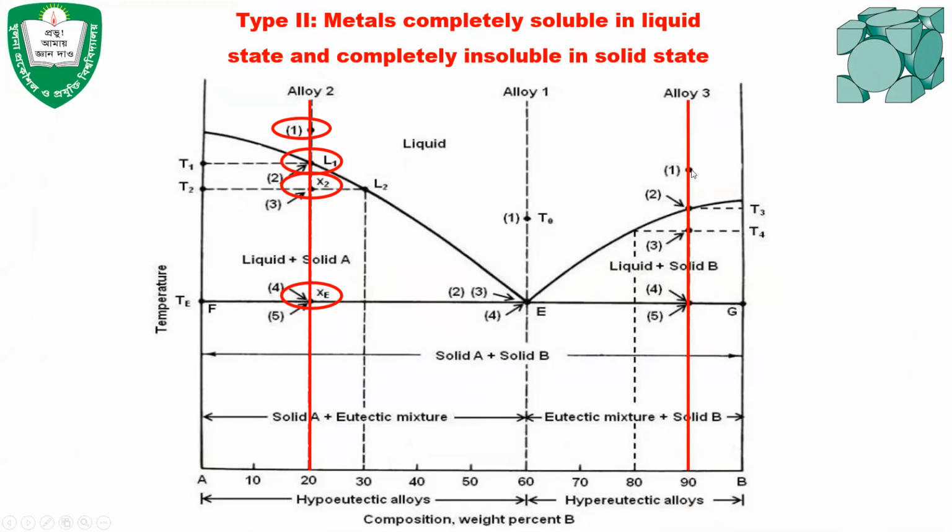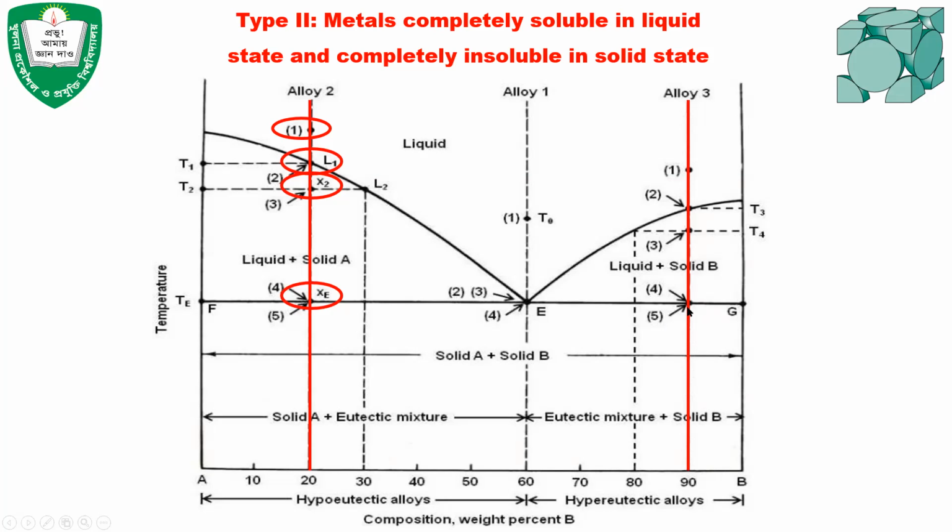That means the microstructure at point 1, point 2, point 3, point 4, and point 5. Point 4 is just before solidification at temperature TE, and point 5 is after solidification at temperature TE.